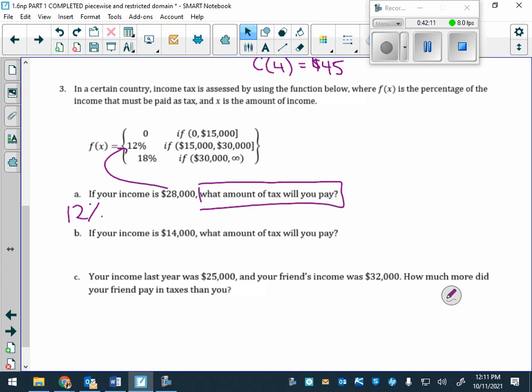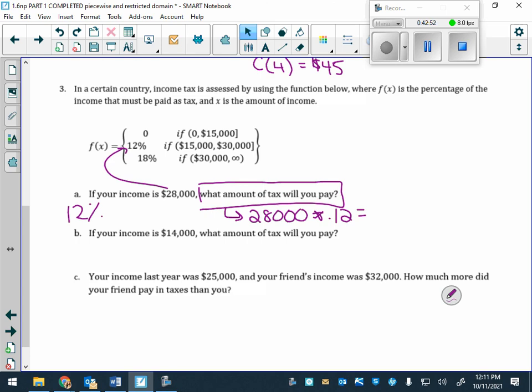Perfect. Excellent. So to find what amount of tax you will pay, 28,000 times 0.12, which would be how much in taxes? You could use your calculator. So 28,000, just to reiterate, falls in the 12% category. So what is the amount that you will have to pay?